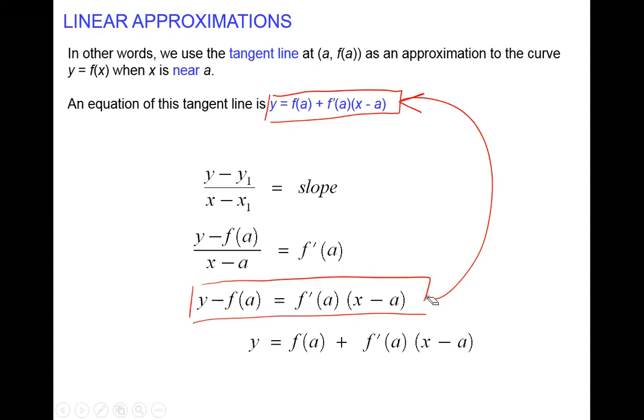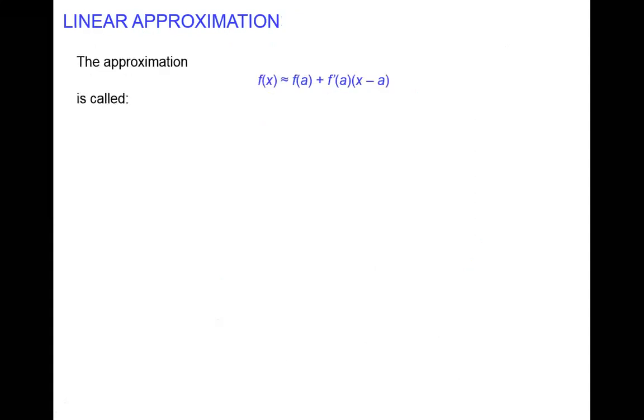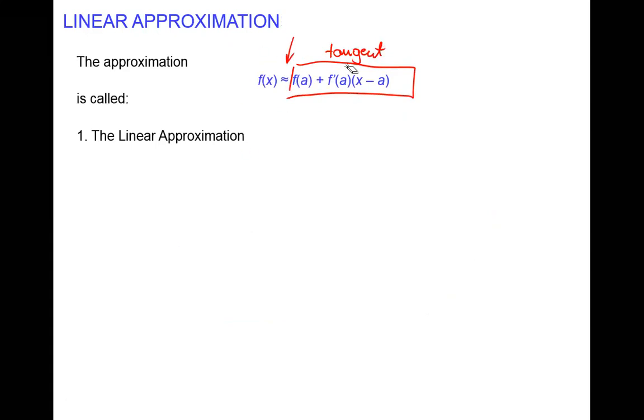Let's see a notation. That means this is the equation of the tangent line. If I take this equation of the tangent line, I can call it for now tangent. I can approximate the function by this tangent.